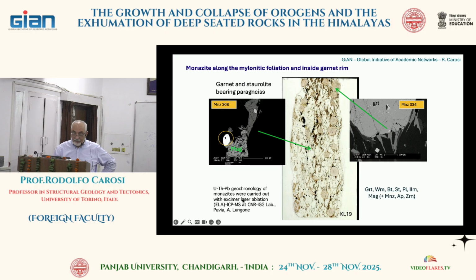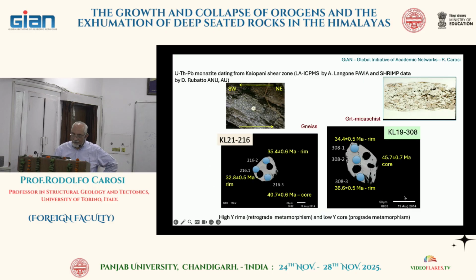This was made in Italy, in the Pavia laboratory with Antonio Langone. In this rock, you have garnet, white mica, biotite, staurolite, plagioclase, ilmenite, and so on, plus monazite, apatite, and zircon. We dated zircon and monazite from the orthogneiss here, and zircon and monazite from the mica schist. You can see some holes from laser ablation.